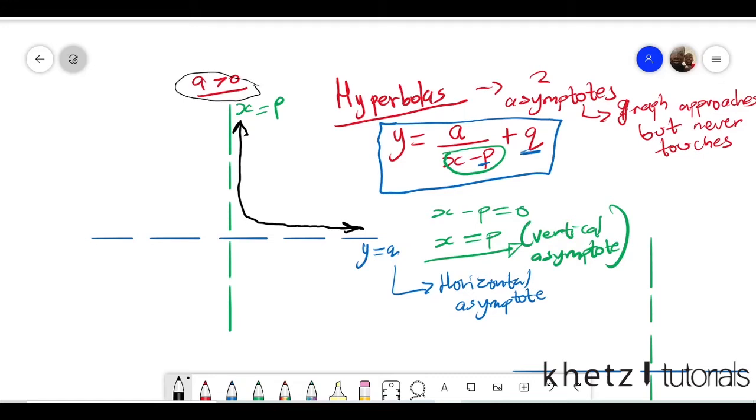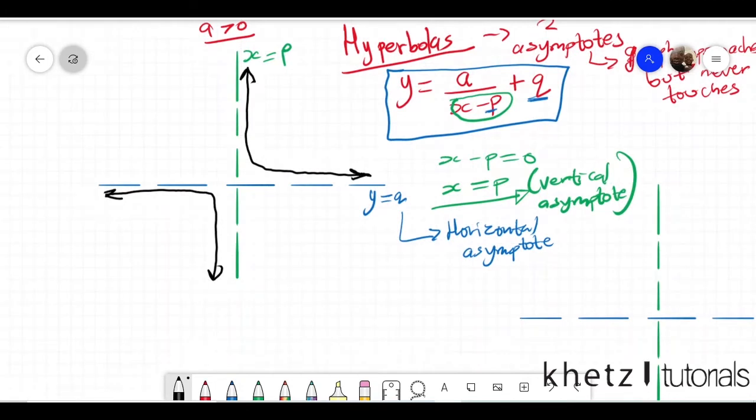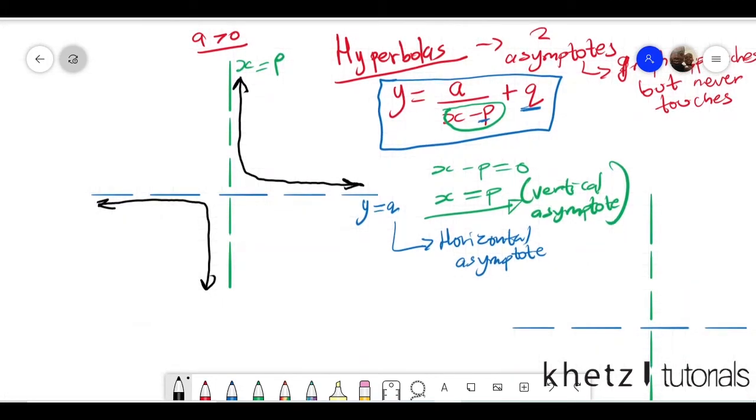For a greater than 0, you have your graph occurring in the first and the third quadrant. So it will look something like that. You probably do a much better job of drawing it, but I hope you get the point, that it will occur in the first and third quadrants of its asymptotes.